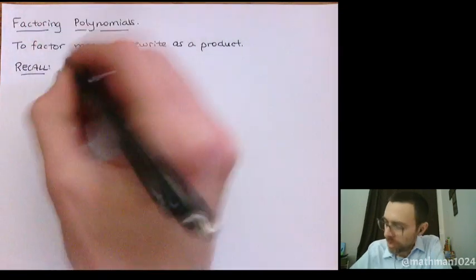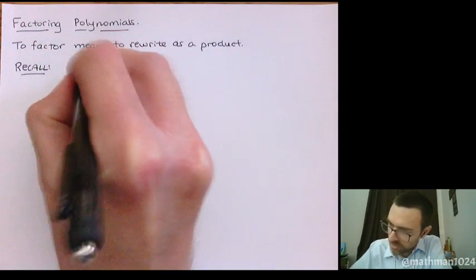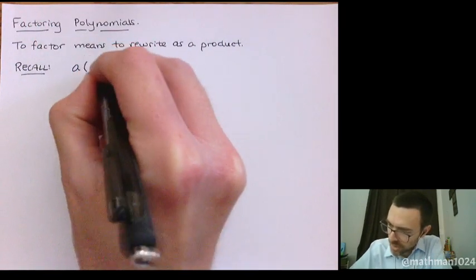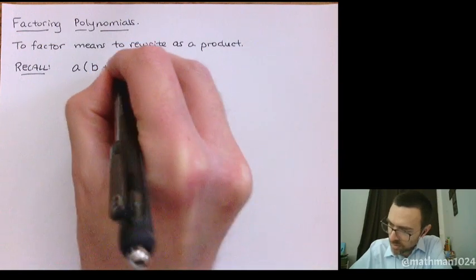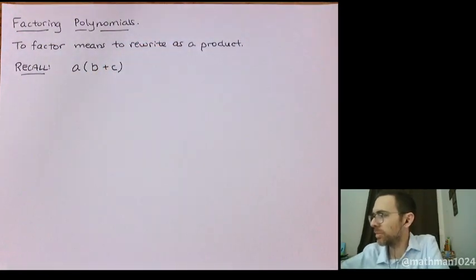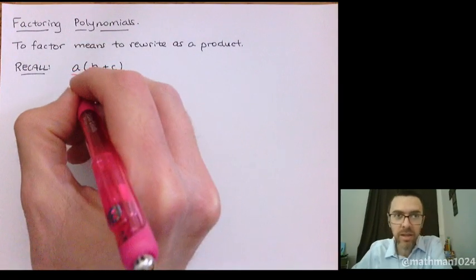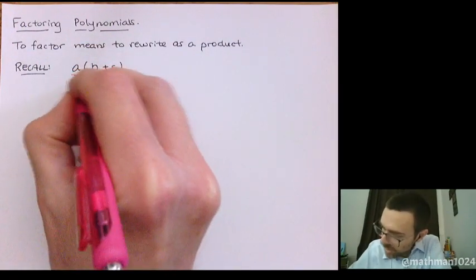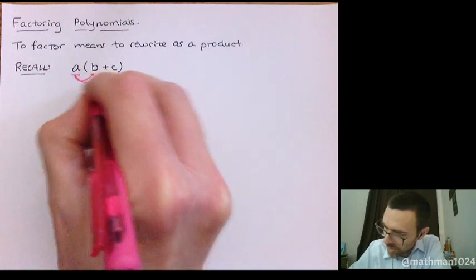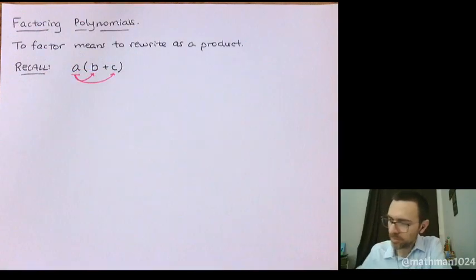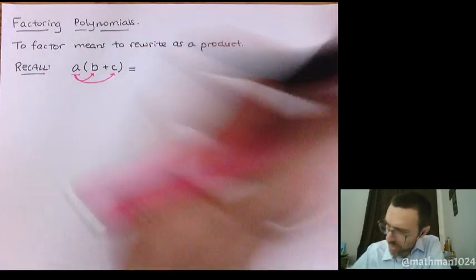The distributive property would have looked like this. It would have said if you have a factor times a group like this, a times (b plus c), then we would take this value right here, and it distributes and it hits both of these guys.